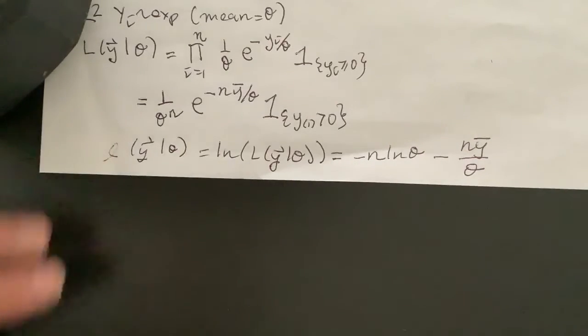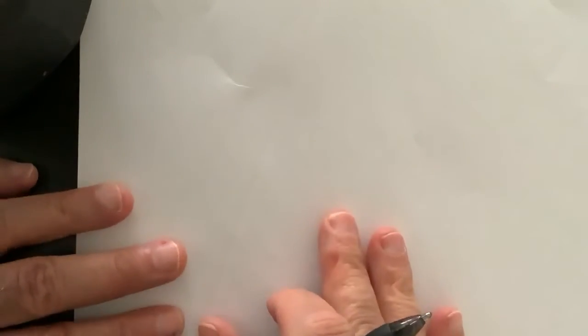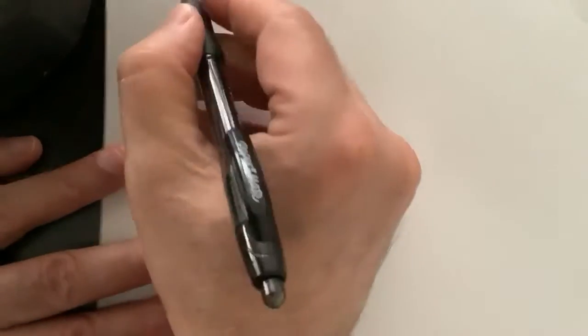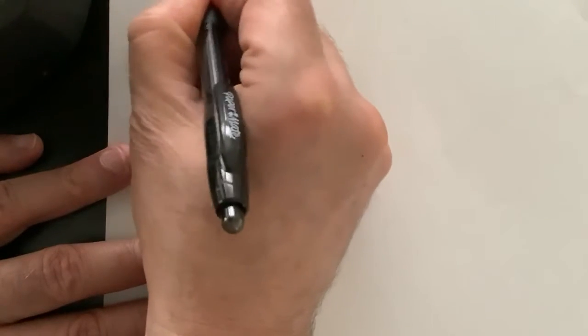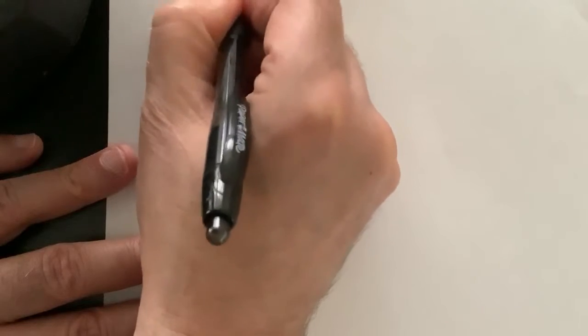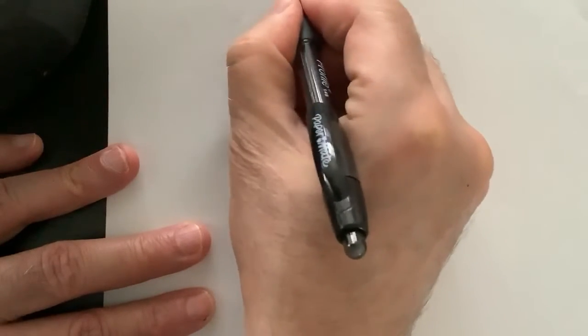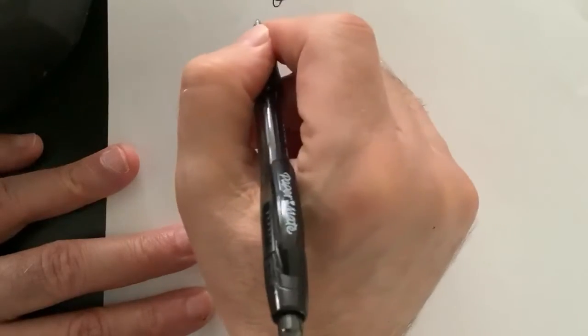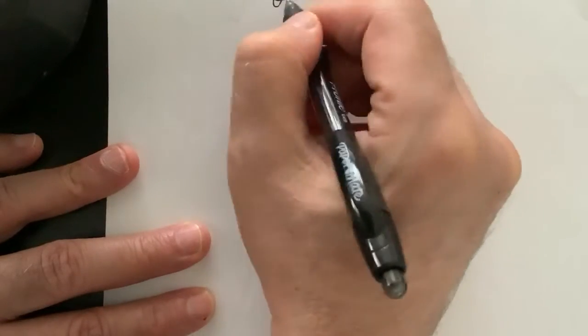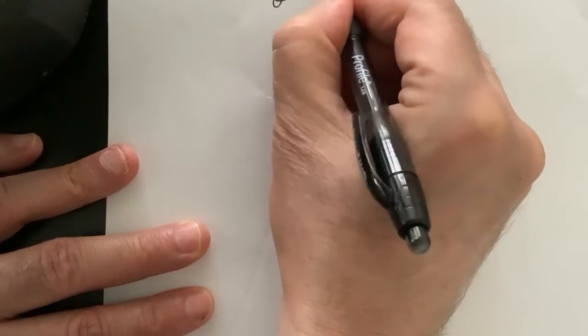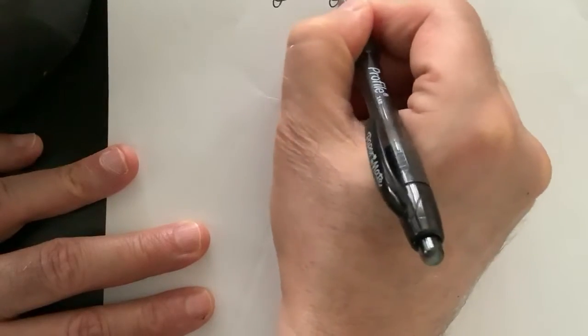And we then take the derivative of that. Last time we found d/d theta of l(y; theta) equal to minus n over theta, plus, because I have theta to the minus 1 power, plus n y bar over theta squared.